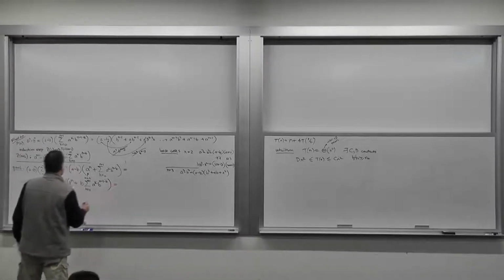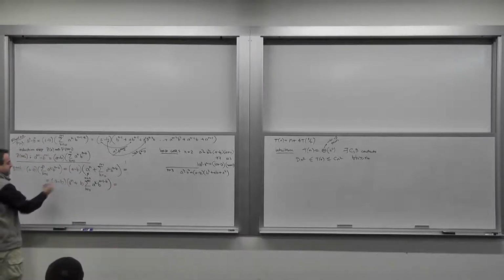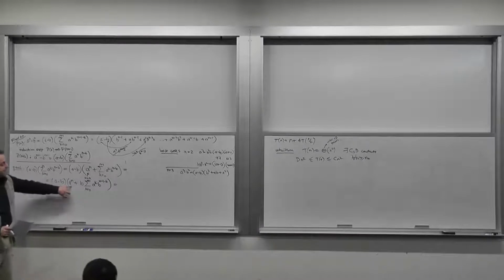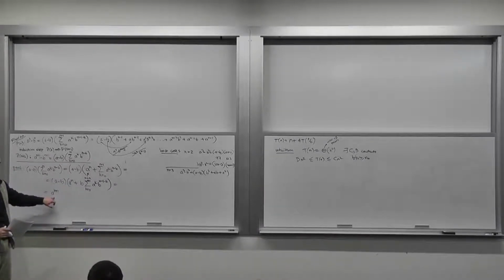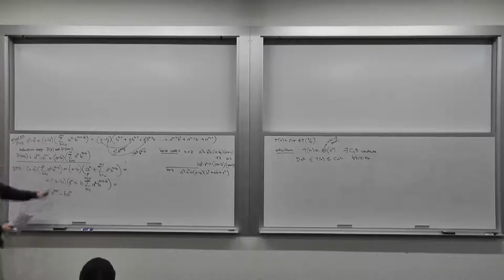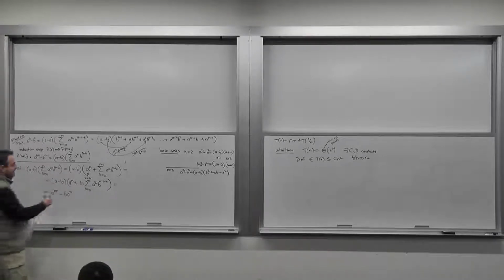So now, we're going to open this parenthesis. We're going to say that's a times a to the n is a to the n plus 1 minus b times a to the n. Right? I'm opening up those a to the n times those two.